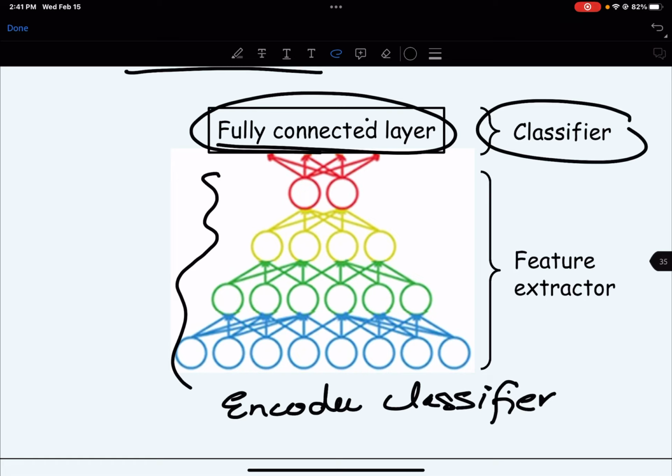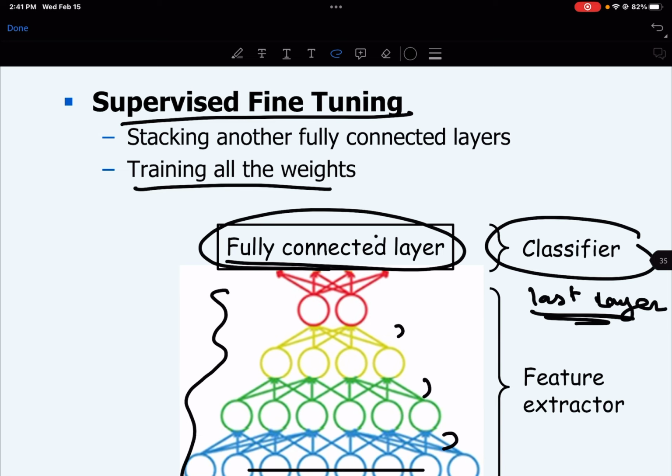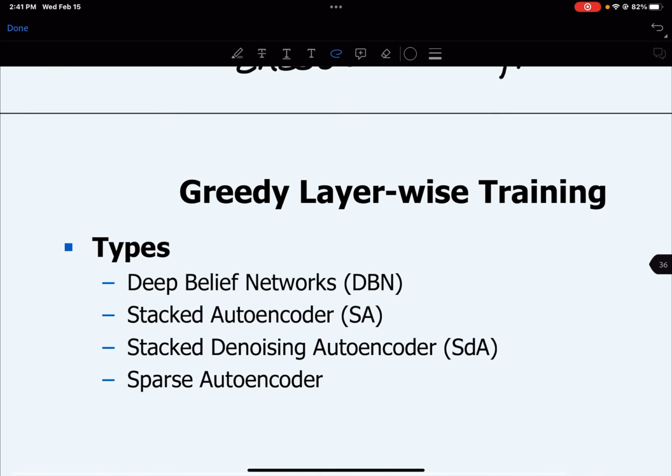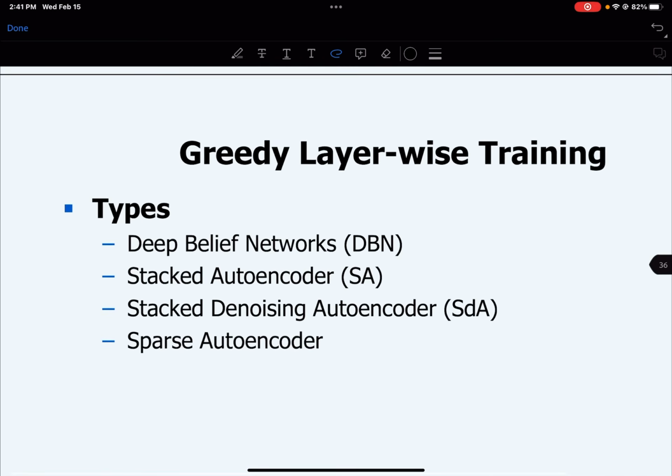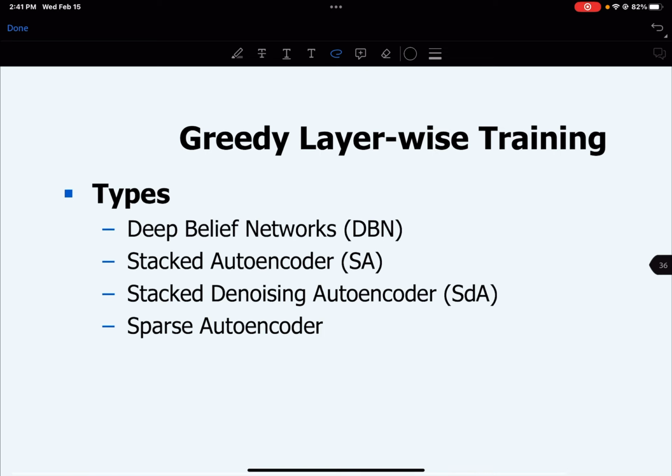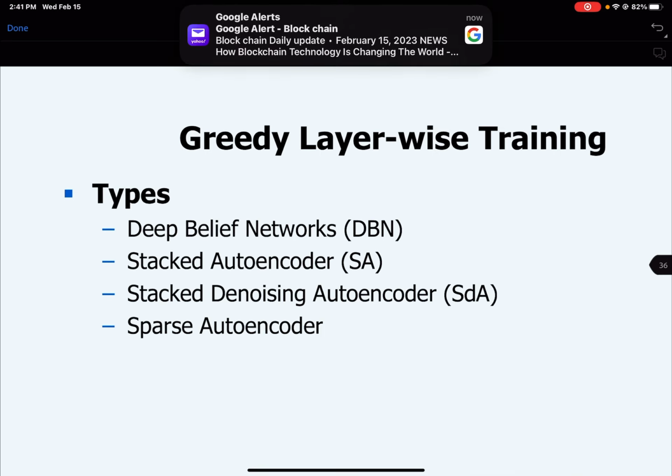Only the weights between your last latent space and the classifier have to be randomly initialized. All of the other weights are initialized with a good starting point. So that is the target of your pre-trained, unsupervised autoencoders.